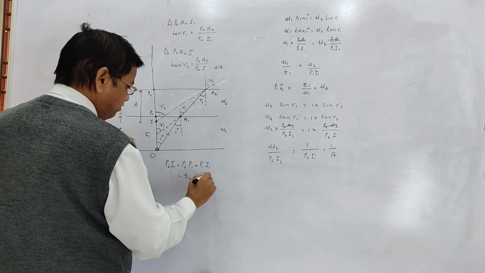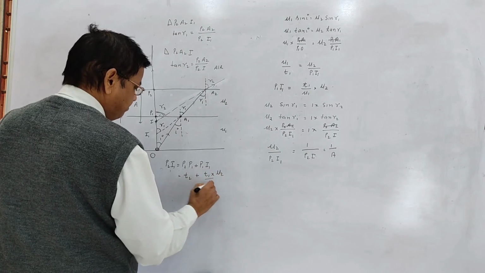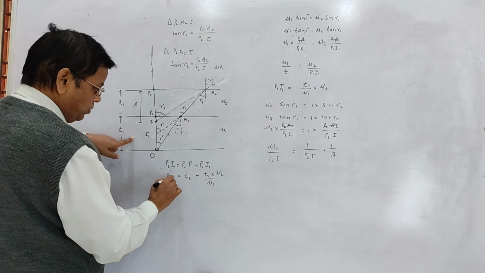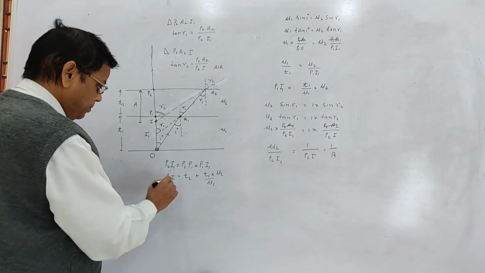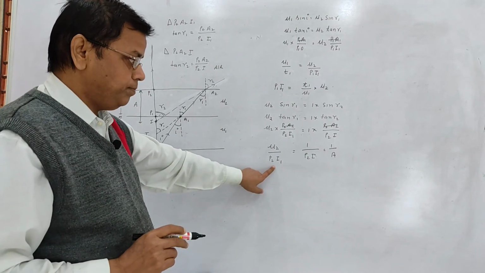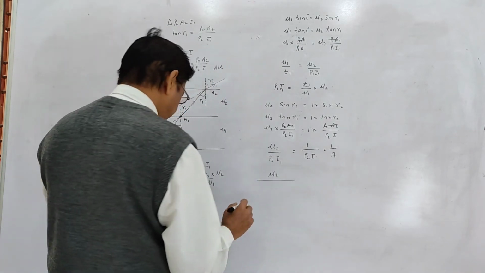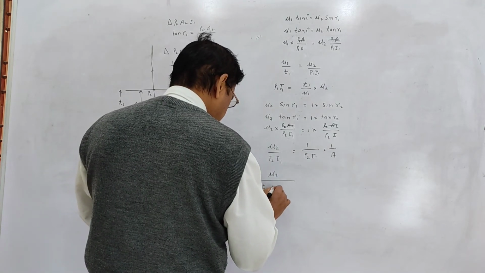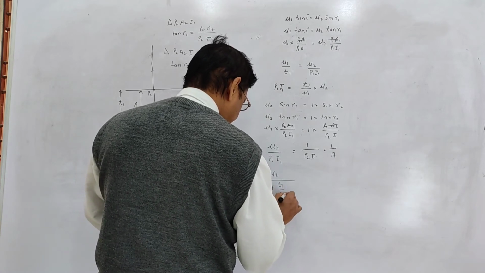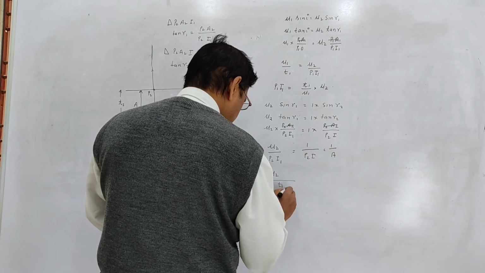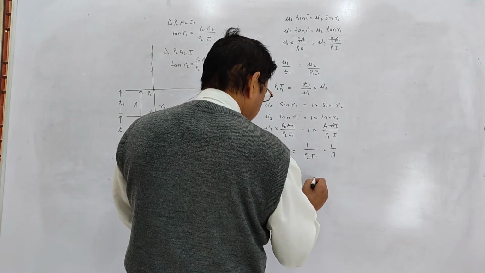So it is T1 into mu2 upon mu1. This is P2I1. Now put the value of this P2I1 from here in this equation. So it is mu2 divided by T2 plus T1 upon mu1 into mu2 is equal to 1 upon A.